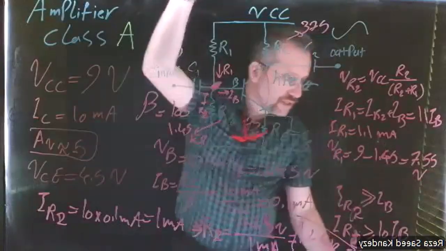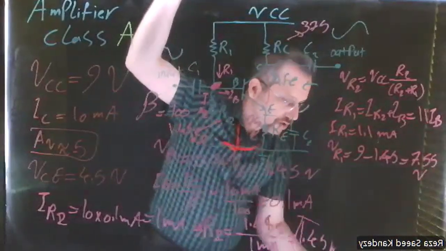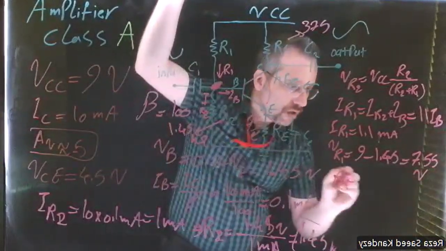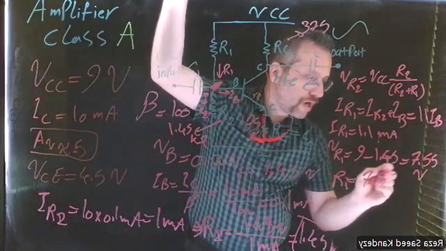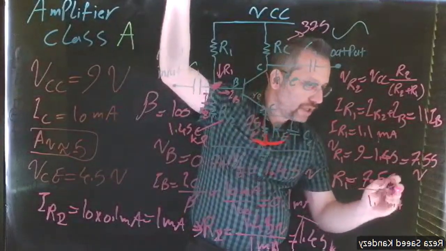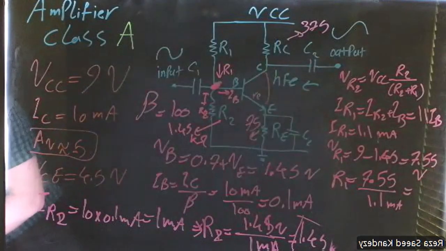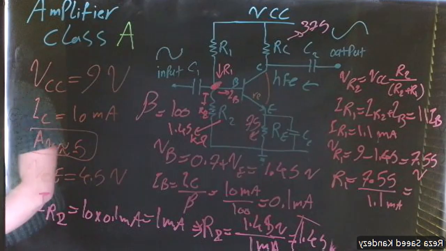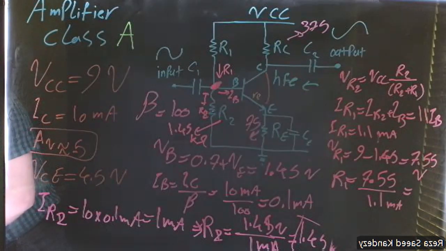Now we have this voltage and current, so we can calculate R1, which is 7.55 over 1.1 milliamp. I'm going to use the calculator: 7.55 divided by 1.1 milliamp.